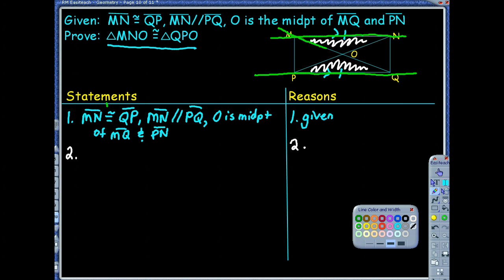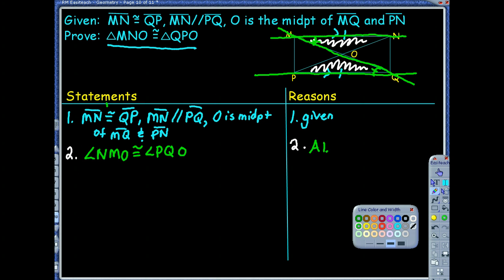Looking at what's part of that triangle, since I don't want to do anything outside of the triangle, angle NMO should be congruent to angle PQO. And what's your reason?